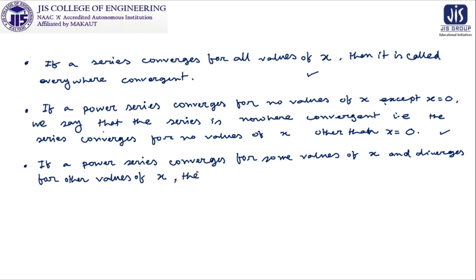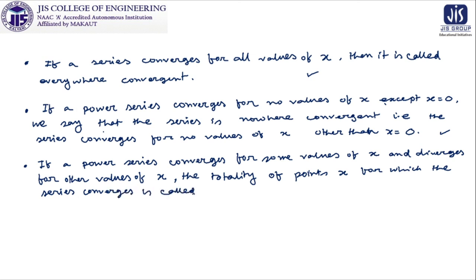Here you get convergence for all, there for no one, and here for some values of x. Actually, we can write it in this form: the totality of points x for which the series converges is called its region of convergence.